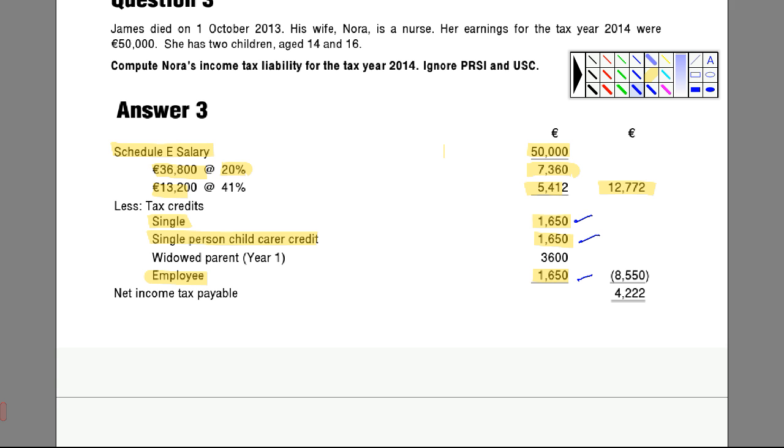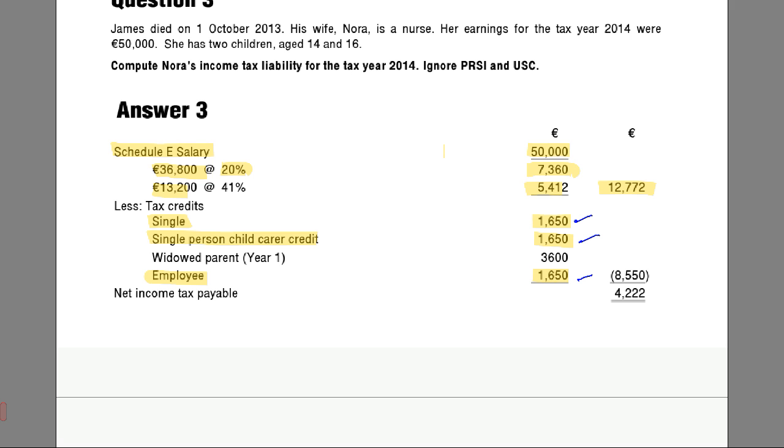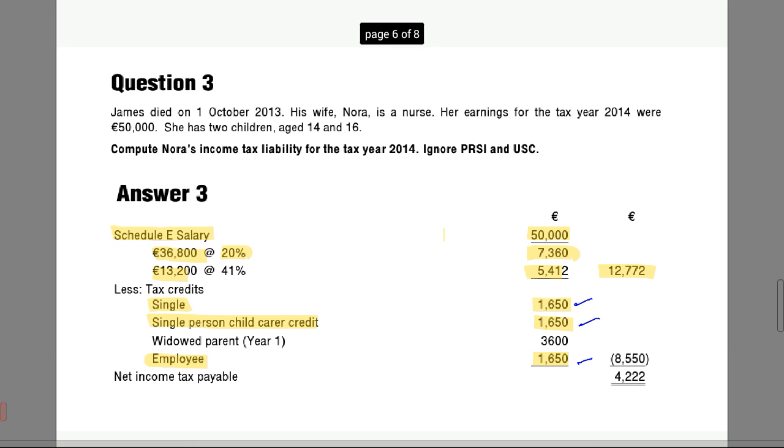Now, this widowed parent credit, this is one that catches students out from time to time. The key thing with this is that this credit kicks in or is available the year after death. Yeah, the year after death. Now, they were quite cute here, and this is what I expect them to do within the exam. They tried to confuse you a little bit.